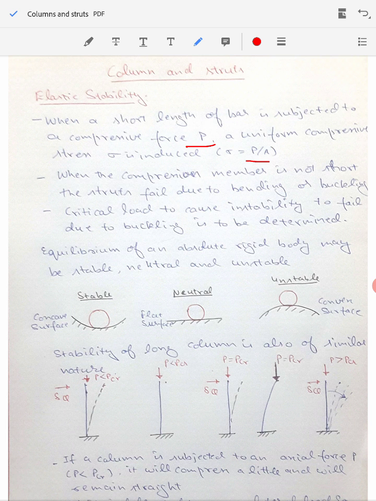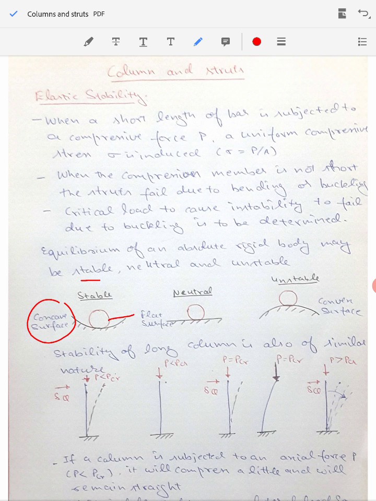There are three kinds of equilibrium: stable, neutral and unstable. We can understand this with the help of a perfectly rigid ball resting on different kinds of surfaces. In the first case, the ball is resting on a concave surface, so it is in perfect equilibrium.